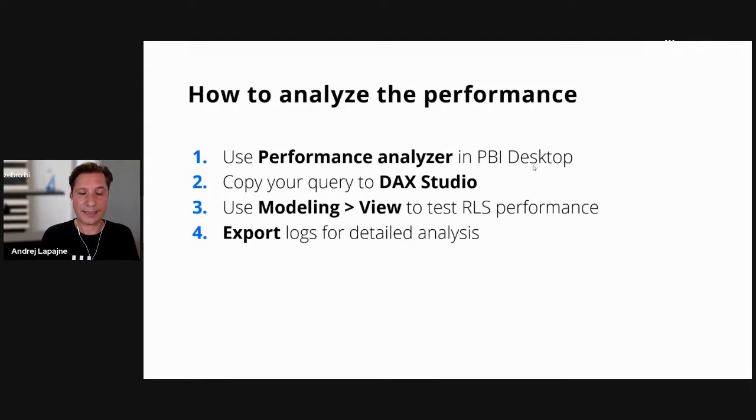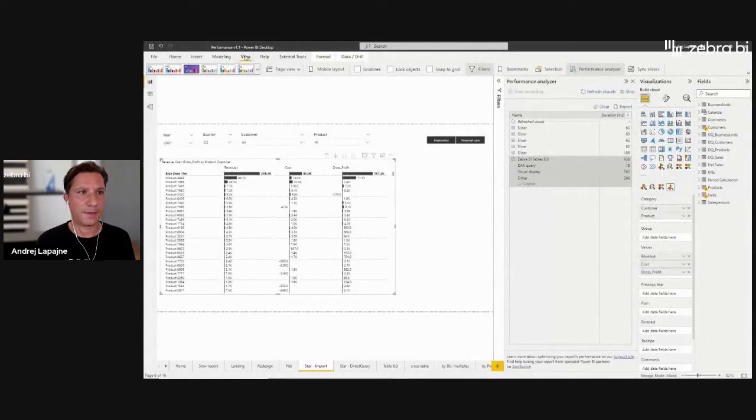All right. One more thing. Using row level security can also greatly affect performance. So in this case, you can head over to Modeling and use the View as command inside Power BI Desktop, right?